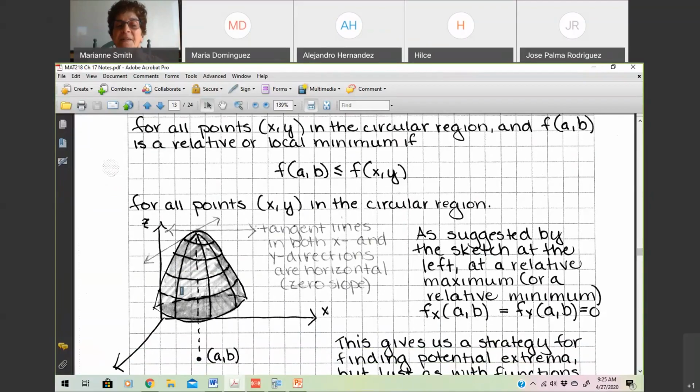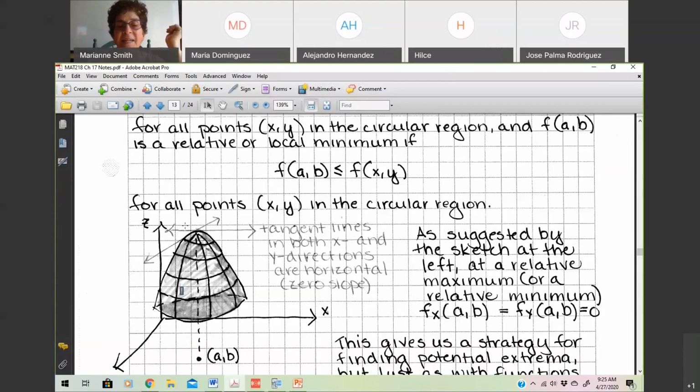You want to notice the tangent line in the x direction, which is f sub x of (x, y), and the tangent line in the y direction, which is f sub y of (x, y), when they evaluate at the point (a, b), these tangent lines are both horizontal, which means the slope is 0.